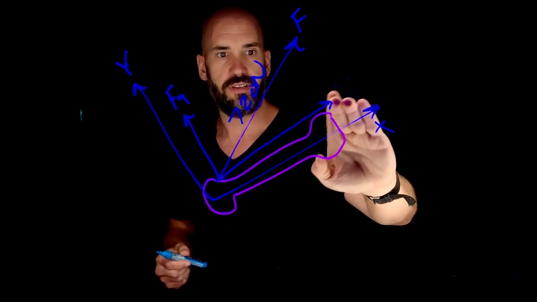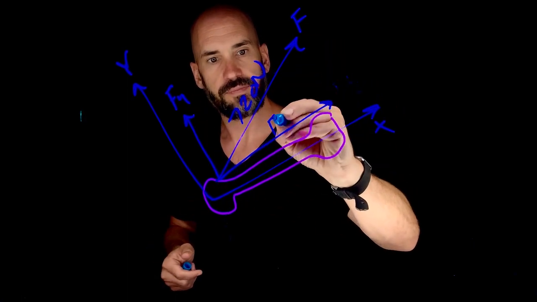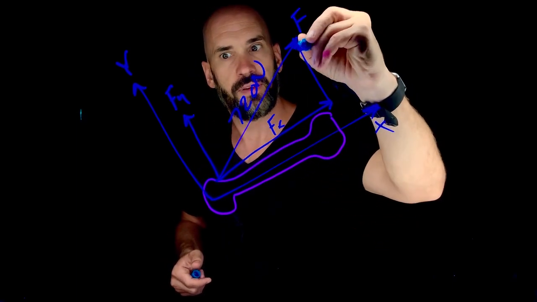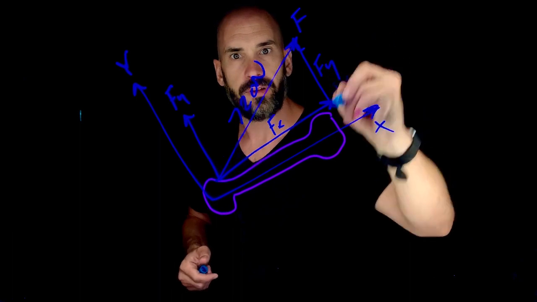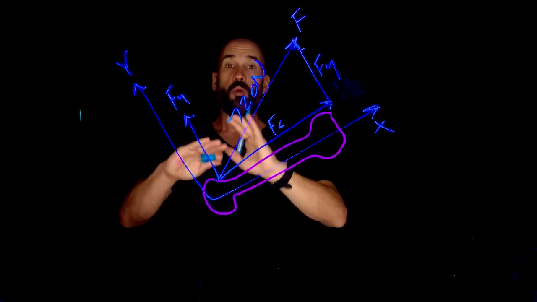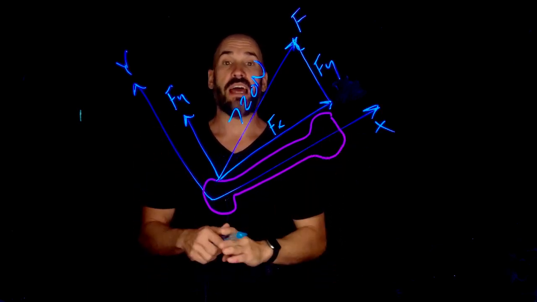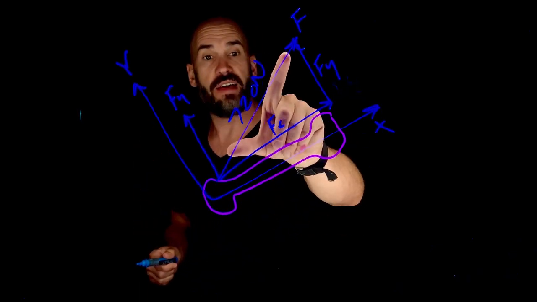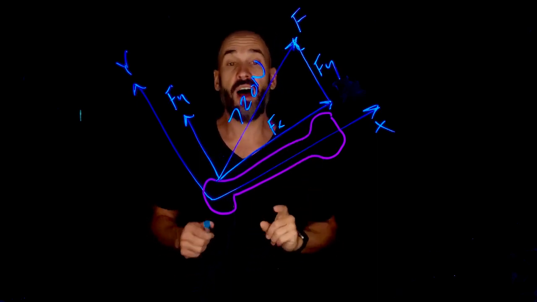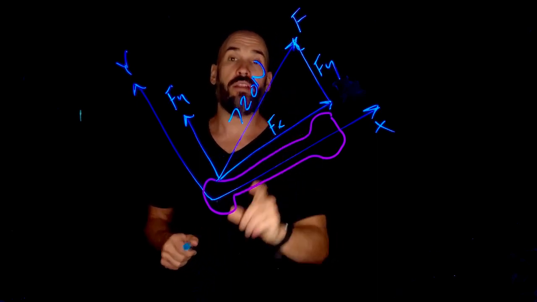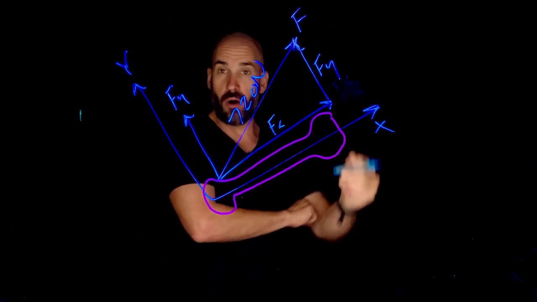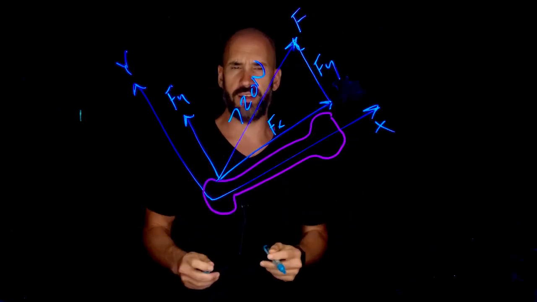So if I want to call this Fx, I can slide this over so it's easier for you to see the triangle. I'll call that Fy. Does that make sense? So the question now is, how do we find the components of that 720 newton force vector? And this is an important question because only one of those components is important for actually moving the bone up or down. Which one do you think it is?